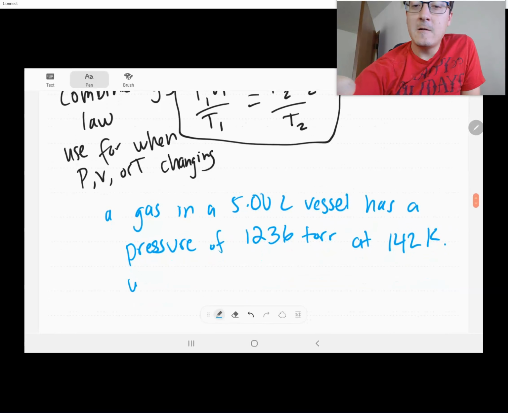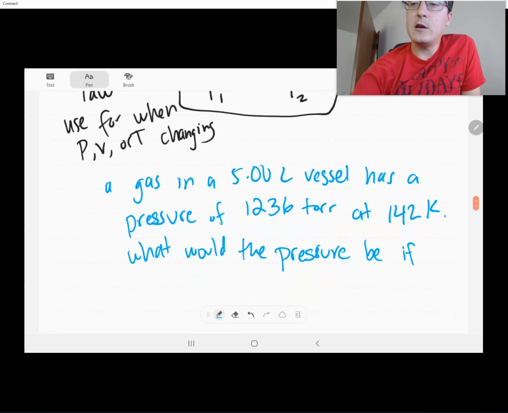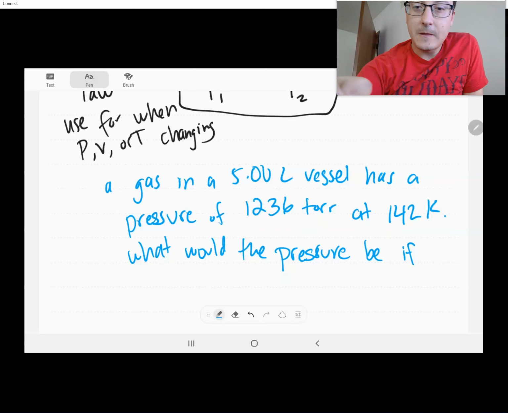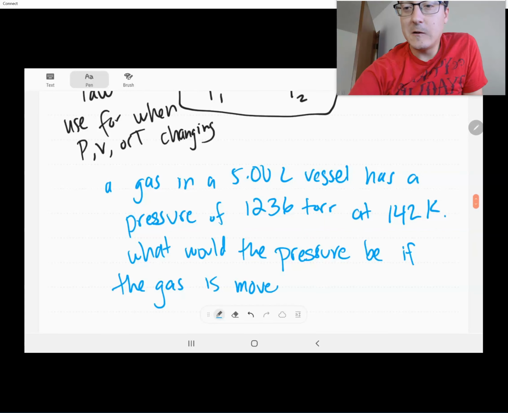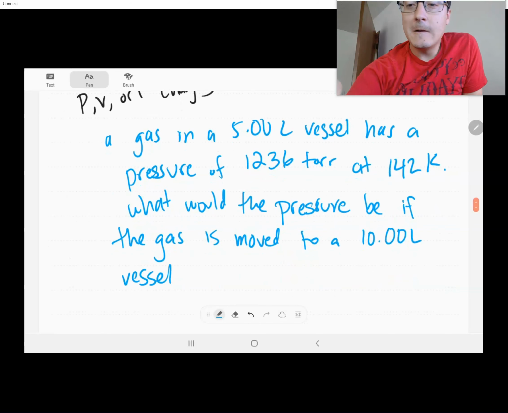Okay. What would the pressure be if, let's say, the gas is moved to a 10-liter vessel at 500 Kelvin?